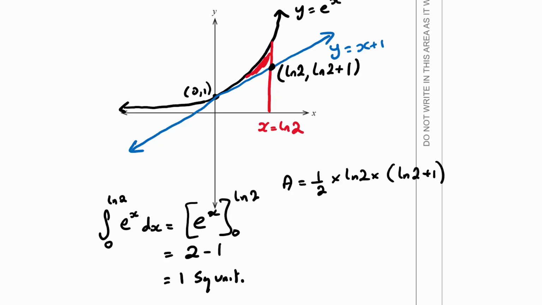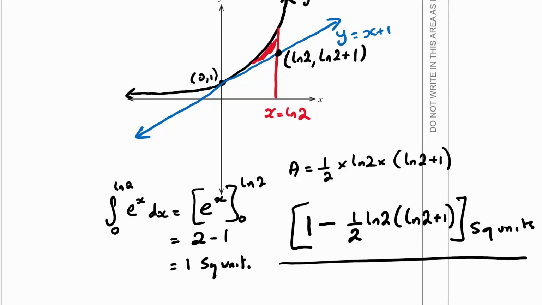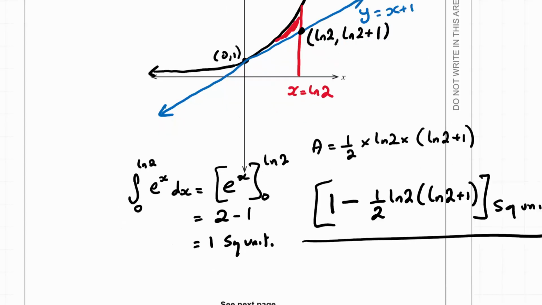And so we have got that the area that we want is going to be 1, take away a half ln 2 plus 1, in square units. So that would be our answer, or something equivalent.